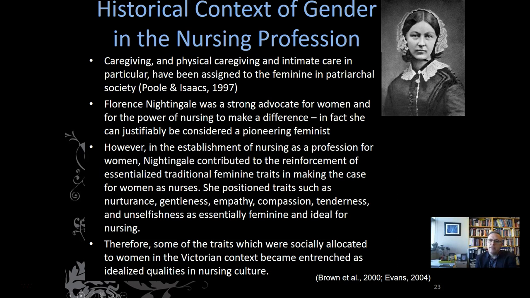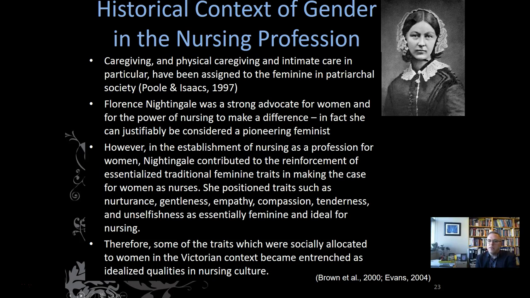So she drew on the idea that caregiving, and physical caregiving and intimate care in particular, were assigned to the feminine in patriarchal society, and that women had fulfilled the role of caregiver for a long time. The trouble with her position was that in the establishment of nursing as a profession for women, she contributed to the reinforcement of essentialized traditional feminine traits.